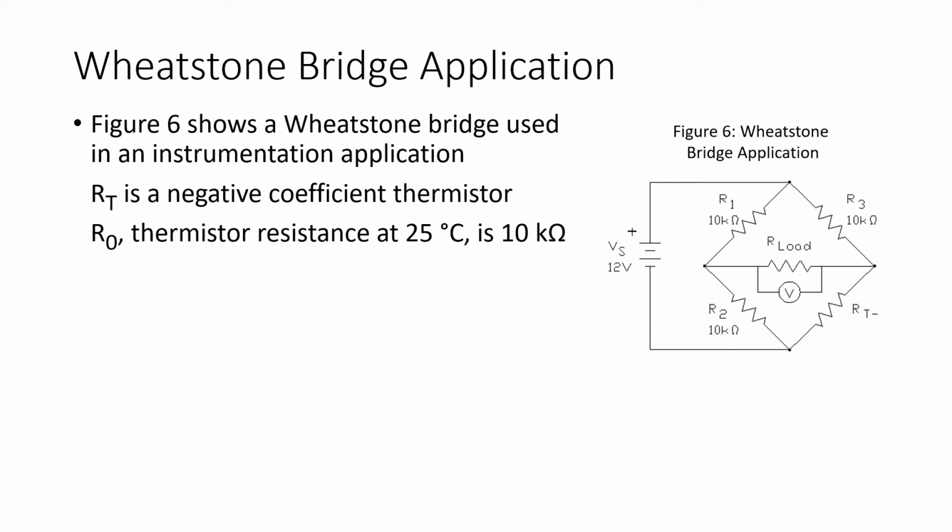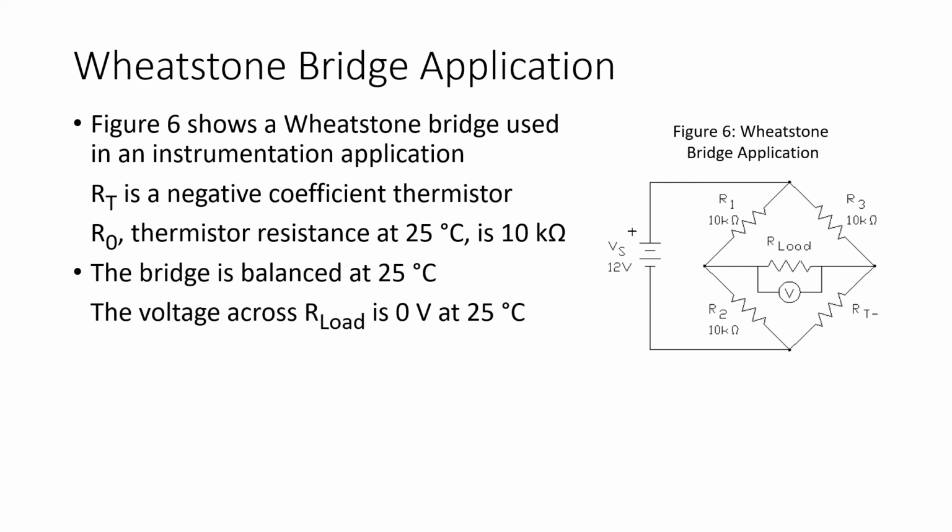Now, for this circuit application, R sub O, the thermistor resistance at 25 degrees Celsius, is 10 k ohms. Therefore, the bridge will be balanced at 25 degrees Celsius. The voltage across the load is 0 at 25 degrees Celsius.